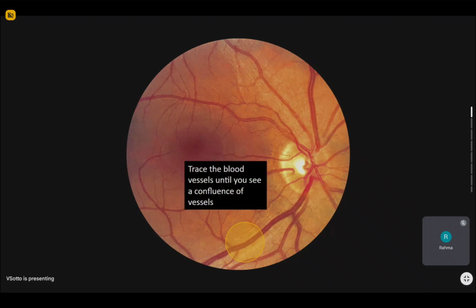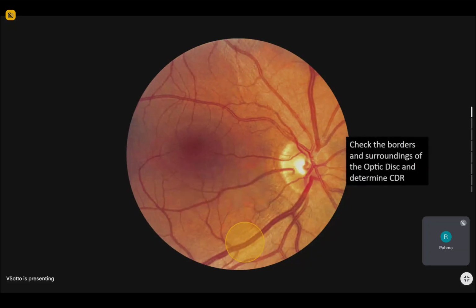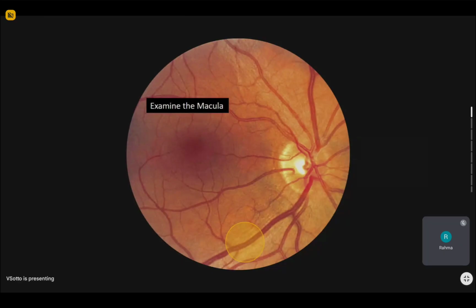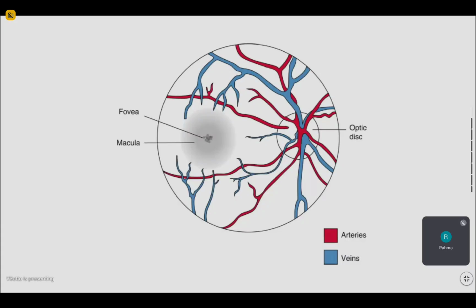You have to trace the blood vessels until you see a confluence of vessels, and you observe the optic disc and determine the cup to disc ratio. And lastly, the macula. This is how we usually draw it. For our findings, we use red for the arteries and blue for the veins. Then the macula is the one here, and the center of the macula is the fovea.